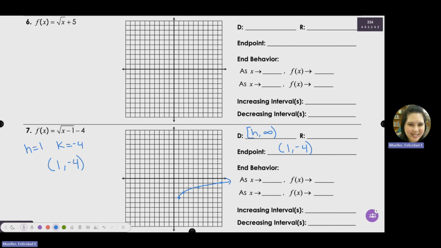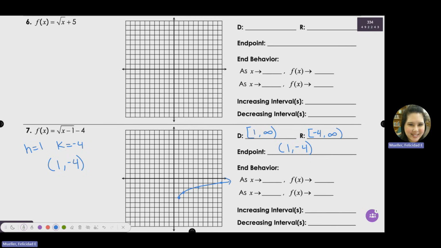So in this case, h is 1. And 50-50% of the time, depending on if you have -a or not, it's going to be bracket k comma infinity. About half the time. So in this case, k is -4.